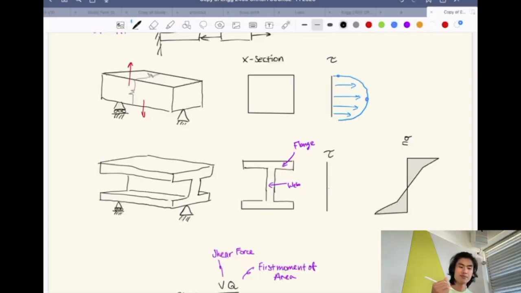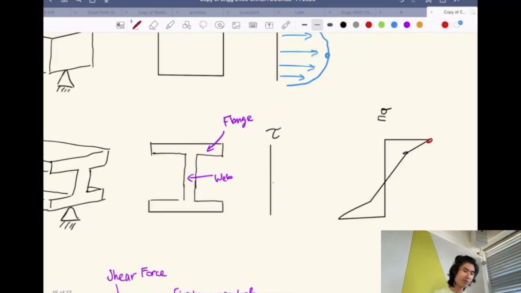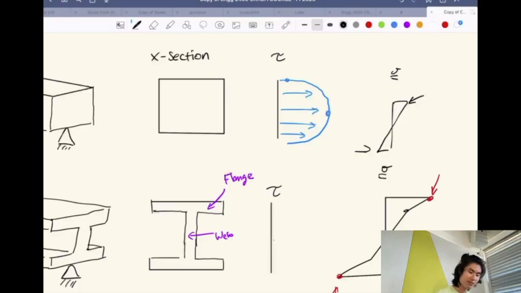That's the stress distribution of an I-beam. It actually takes on most of the stresses at the end points, because in a normal distribution, the stress is bigger at the end. Now, if you notice, the shear is actually bigger in the middle. So the shear for the I-beam actually looks something like this.